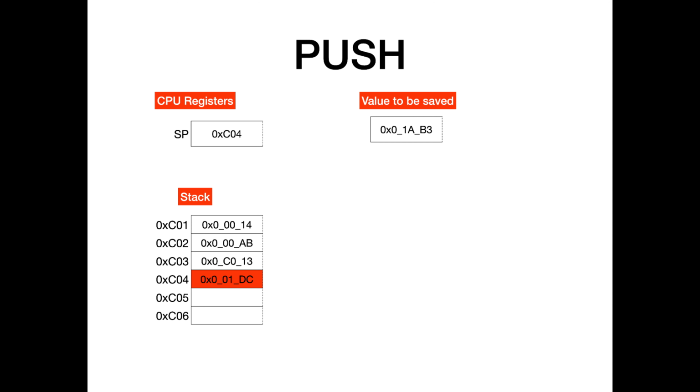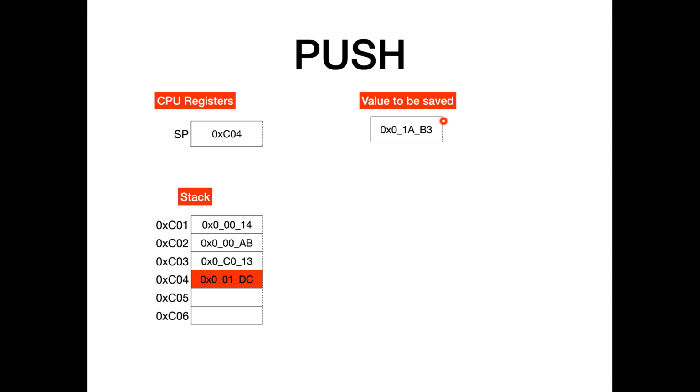What you're going to see is the stack pointer actually does the following. The stack pointer has the address within the stack of the last element that I was actually dealing with, and this is why I highlighted it in red. Because it has C04, that tells me that the last element I pushed into the stack is this particular value located at C04.